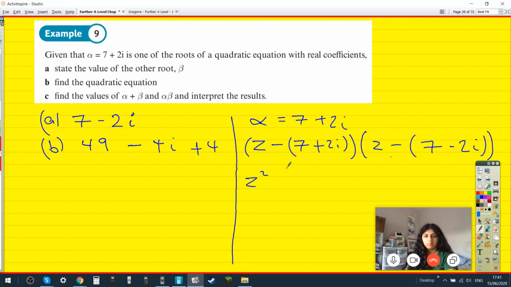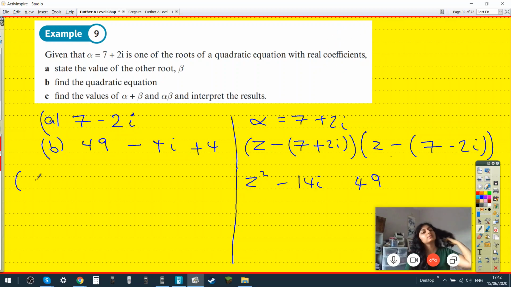I think. Because when you add them, you get 14. 14i. And then I think it's minus 49, but I'm not sure. And then you have to multiply them. So you get 49. And then 53.